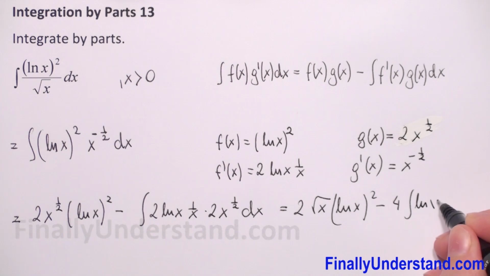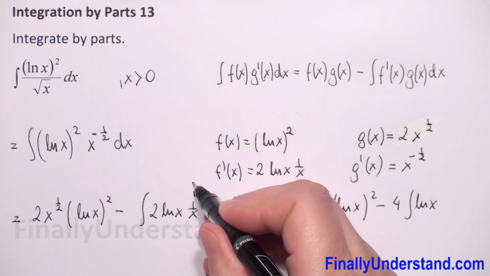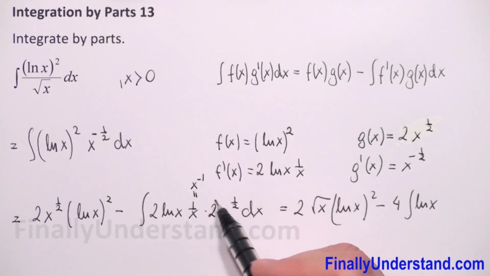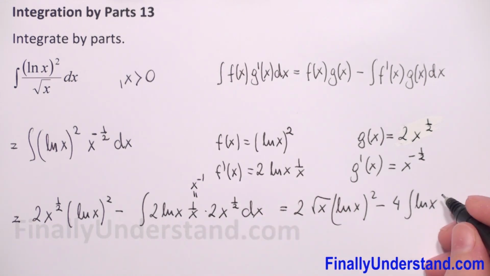We need to copy, and we have 1 over x. 1 over x is x to the negative 1 power. So we have the same base, x and x, so we need to add exponents. Negative 1 plus 1/2 will be x to the power negative 1/2. And we have the integral with respect to x.